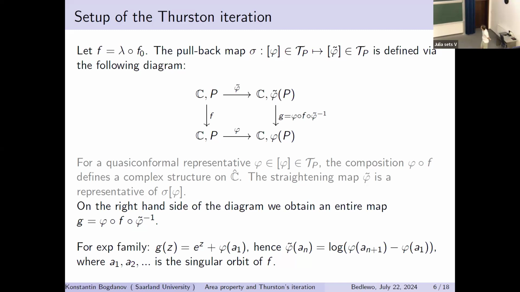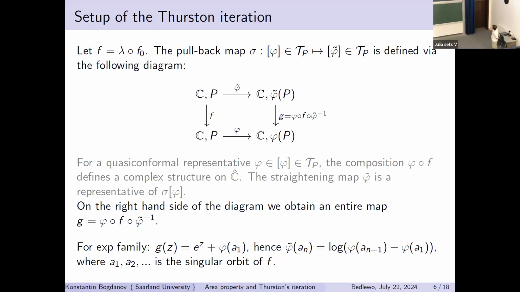Okay, and so for the exponential family, the map G can be recovered quite easily. It's e to the z plus phi of a1, where a1 is our singular value of the map F. So in principle, one has a concrete formula to compute it.